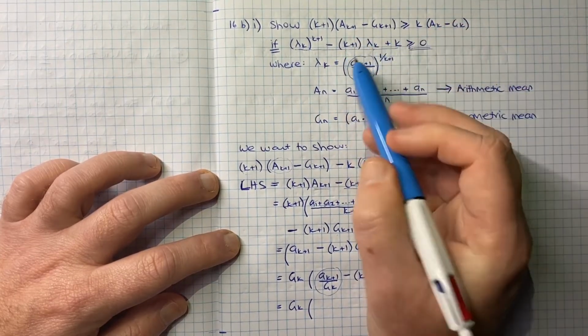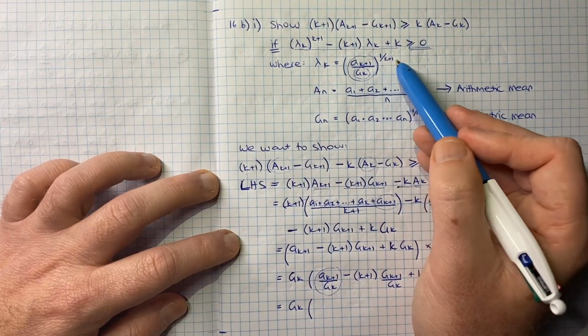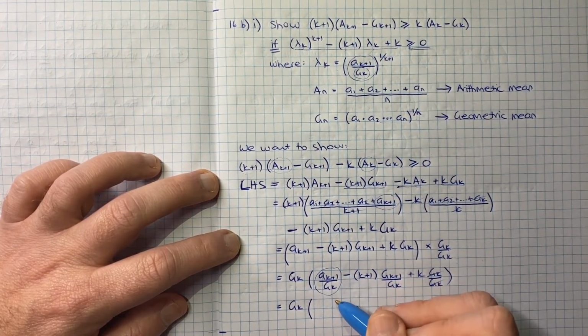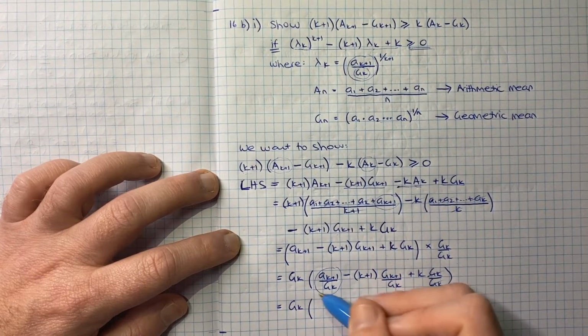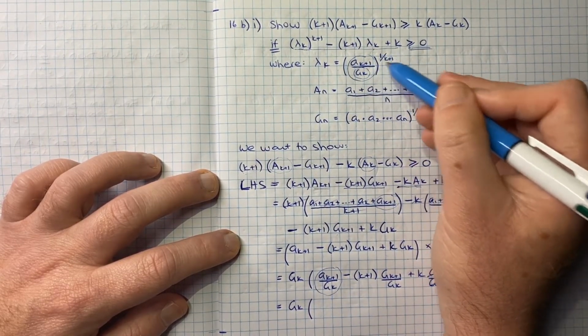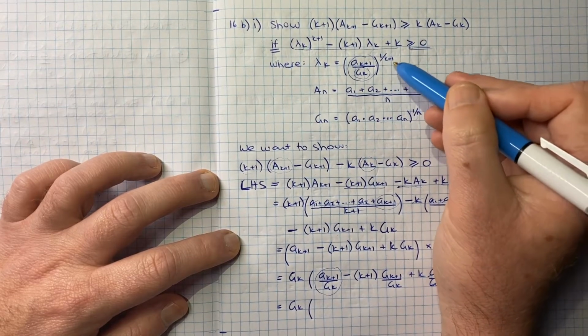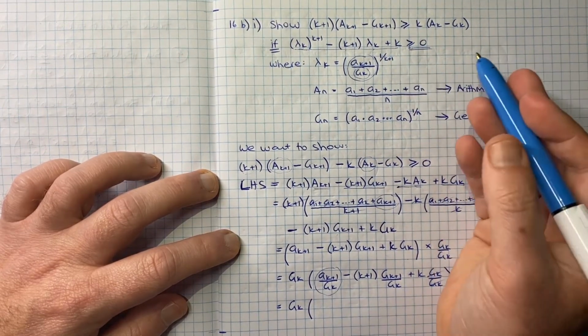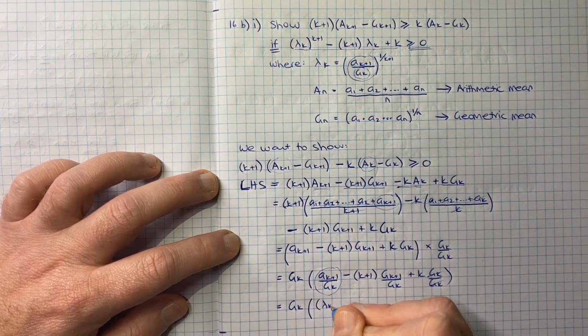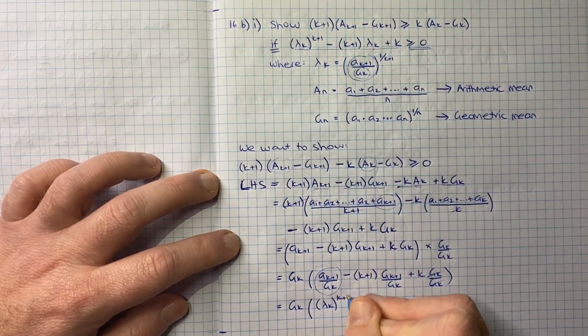Except lambda to the k has a power of 1 on k plus 1. We don't have that 1 on k plus 1. So effectively, it's lambda to the k to the power of k plus 1, so that these two exponents would cancel, because you get k plus 1 on k plus 1 is 1. So really what we've got here is lambda to the k to the power of k plus 1.